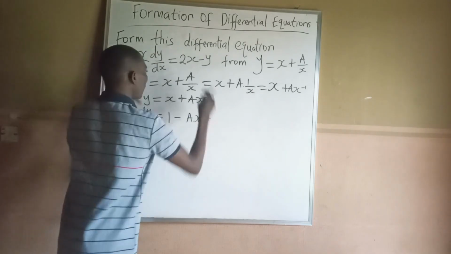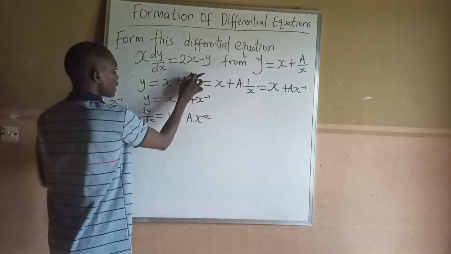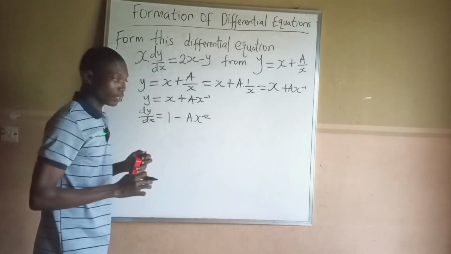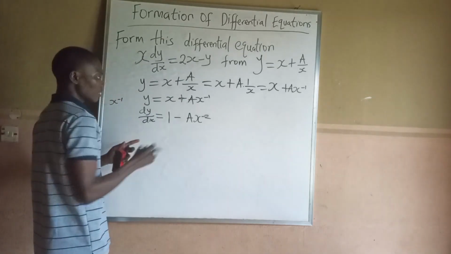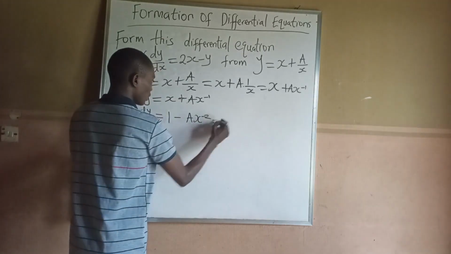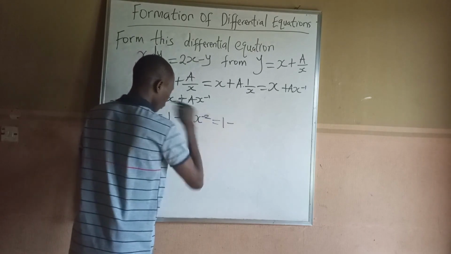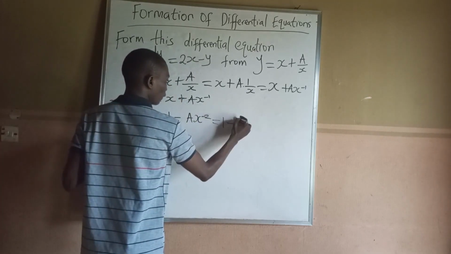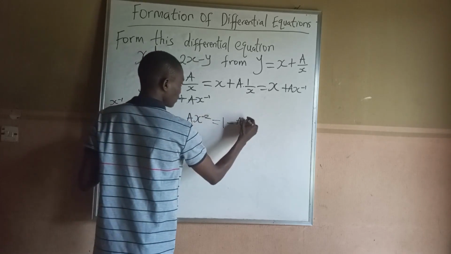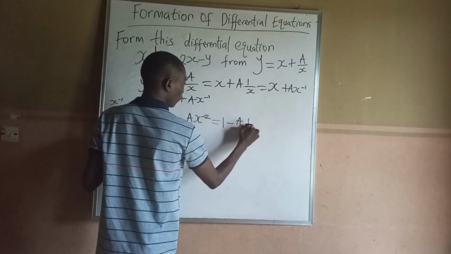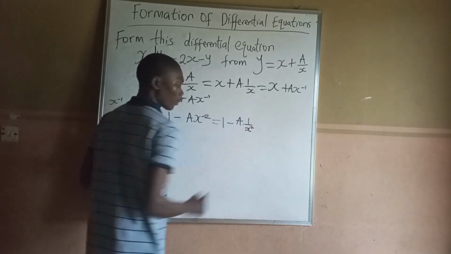All right. Then come back to this equation. I will make this arbitrary constant the subject of the formula. But before I do that, let me rearrange this. This is also the same thing as 1 minus a times x raised to the power of minus 2, which is the same thing as 1 over x squared, okay?